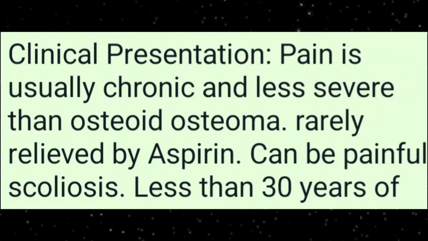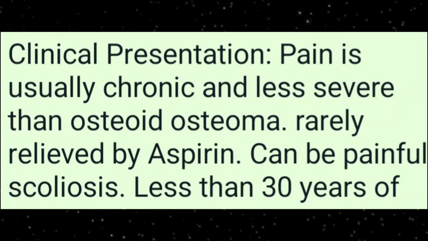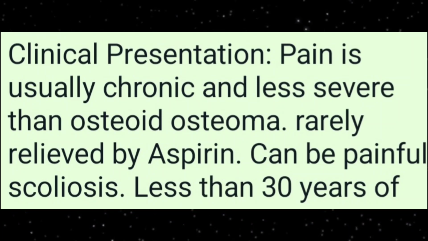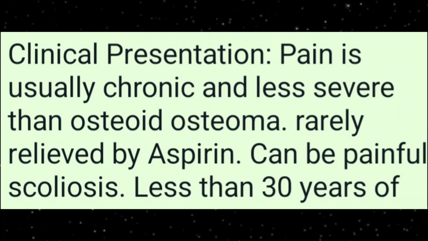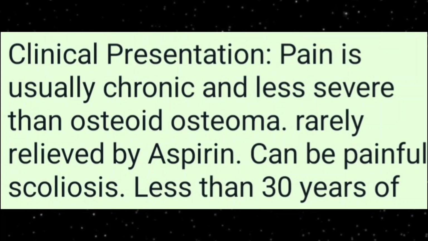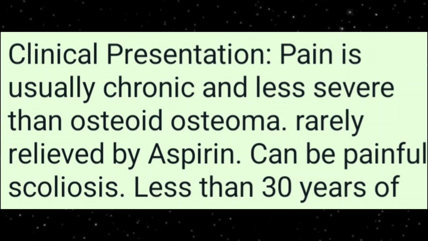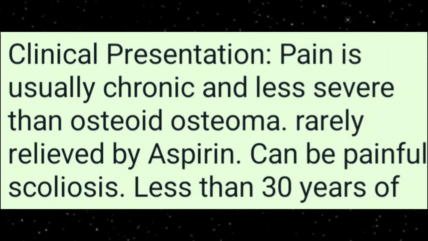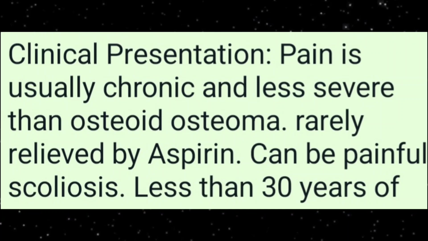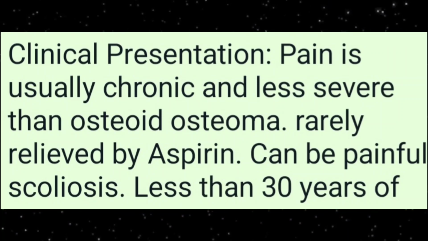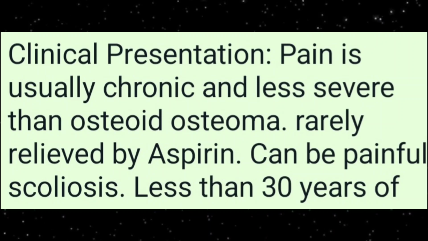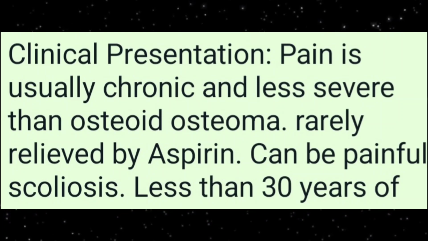Clinical presentation of osteoblastoma would be pain, and that would usually be chronic, as compared to osteoid osteoma. Osteoid osteoma pain will be very acute and very severe, but osteoblastoma pain would be chronic and less severe compared to osteoid osteoma.